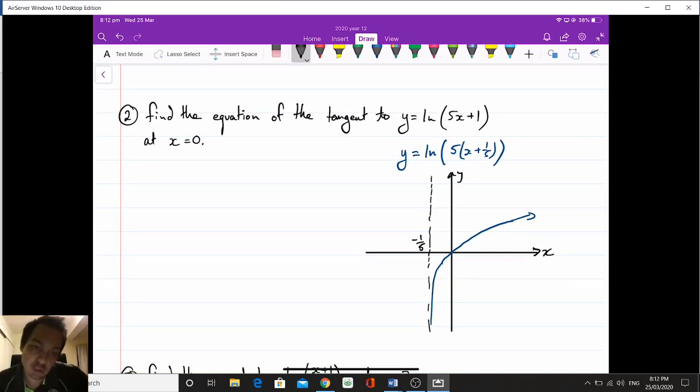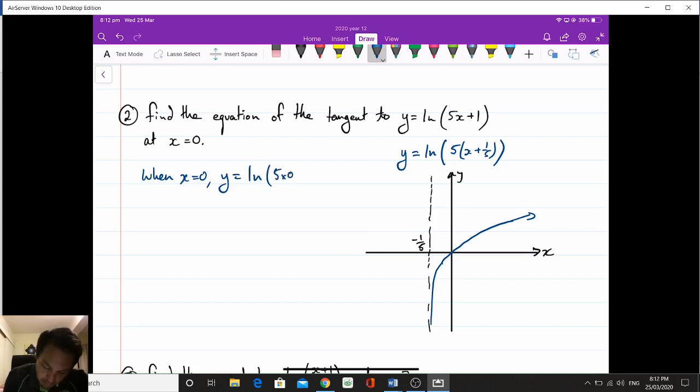So therefore, we can look and see if this actually goes through 0, 0. We should find this when x is equal to 0. We would say y is equal to ln of 5 times 0 plus 1, which is ln 1, which is 0. Sorry, I was looking down a bit.